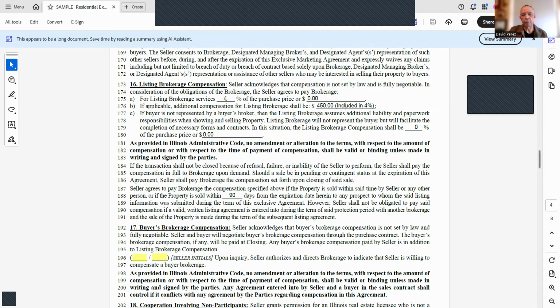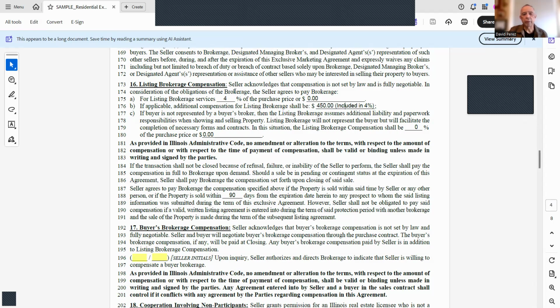This 4%, I always do a 50-50 split. So if another agent comes in with a buyer, they would get 2%, I would get 2%. Other agents might do it differently, but that's how I do it. The $450 transaction fee would come out of the buyer's agent's 2%.